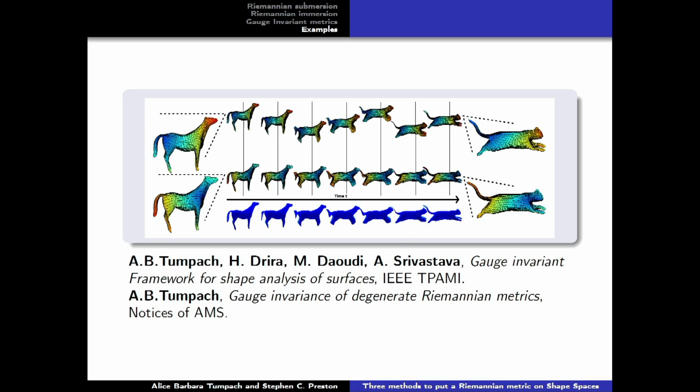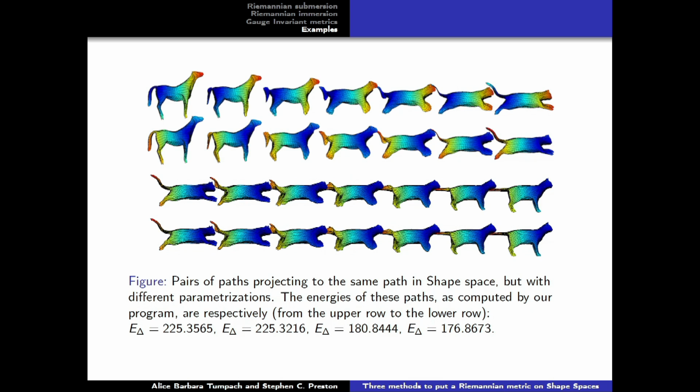So the other point of view is to use the third method, a gauge invariant method, where you just forget about the fibers. You put zero cost there. And so this means in particular that if you have two different paths between surfaces and you lift them differently in the space of parametrized shapes, all the lifts will have the same length.